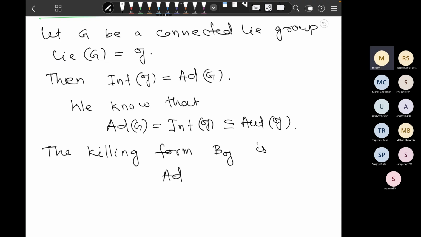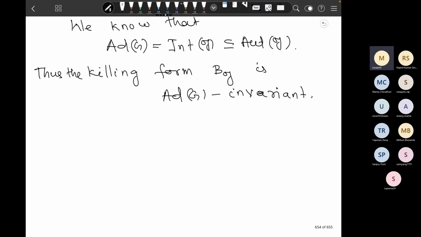Therefore, since Ad G is a subset of Aut G, this is really Aut G invariant. Okay, so this is a piece of important information.